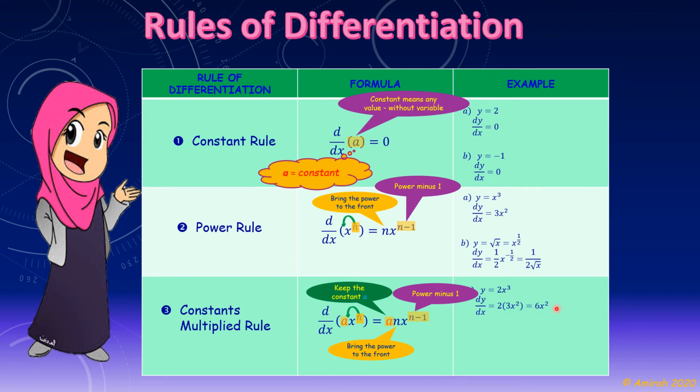What we do is we just keep the constant 2 at the front, and then we differentiate x cubed using the power rule, which is we move 3 to the front, and then we reduce 1 from exponent 3. So the answer when we differentiate x cubed is 3x squared. And then after we simplify, the final answer is 6x squared.